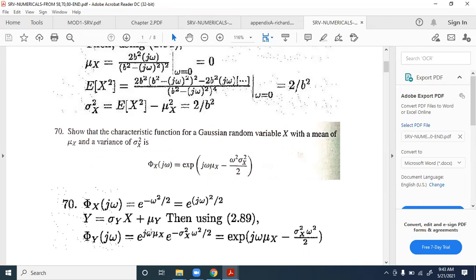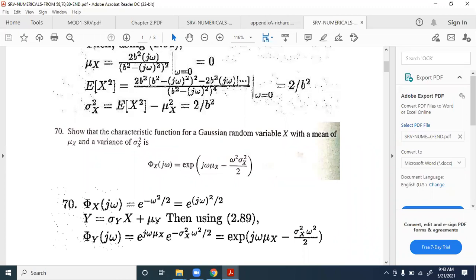So if you simplify, you'll get the expectation of e to the power of j omega multiplied by this. Out of that, you can take out two quantities: e to the power of j omega into this quantity, multiplied by e to the power of j omega into this quantity.